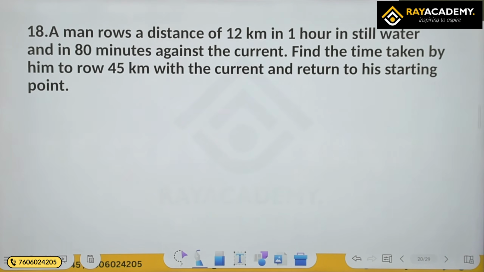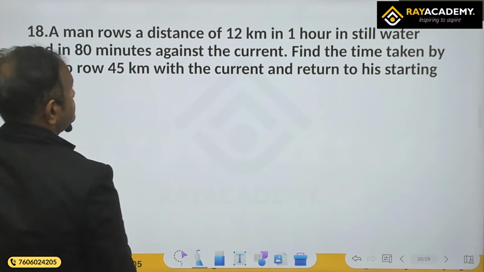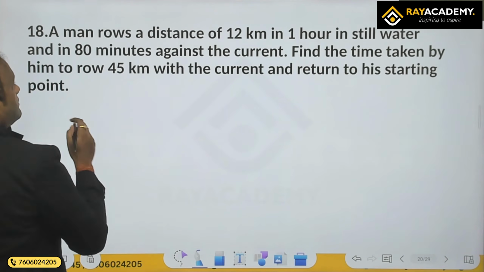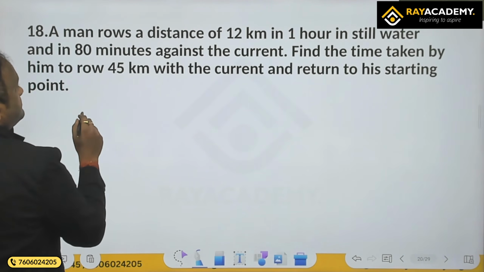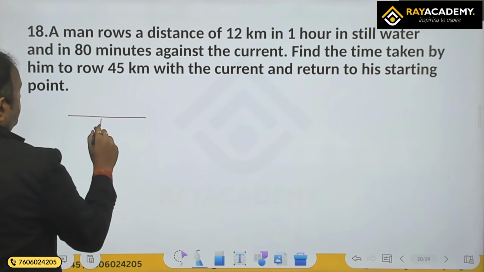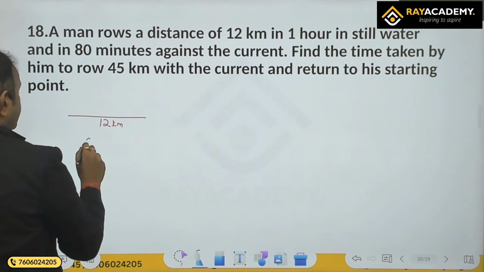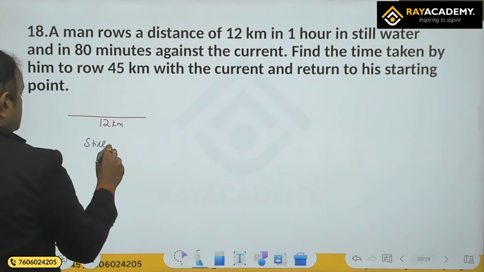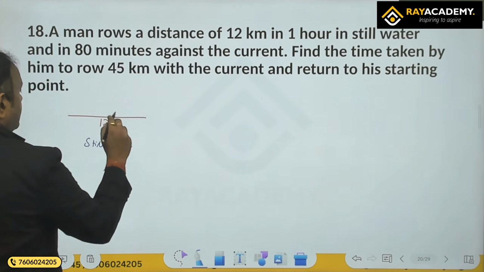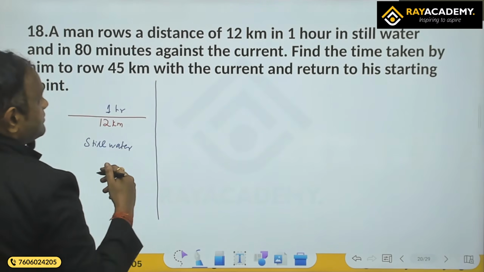For doing that, how much time will he take? This is the whole scenario. Let's see, 12 kilometers, and this is still water, and this will take 1 hour. This is the first situation. What is the second situation?